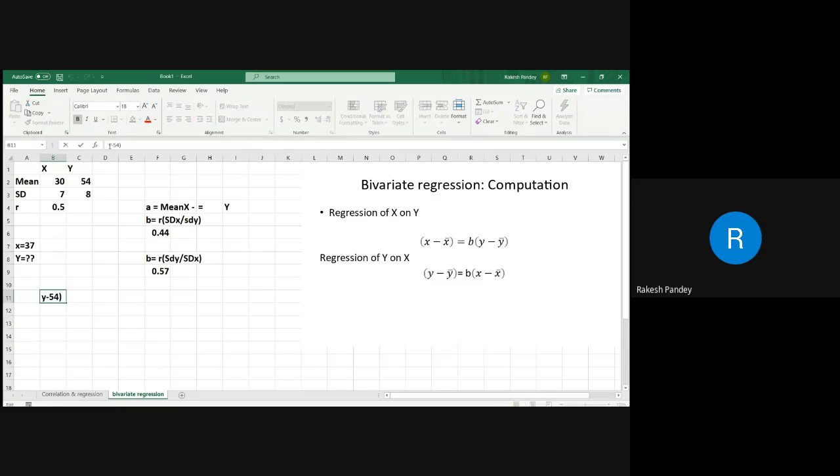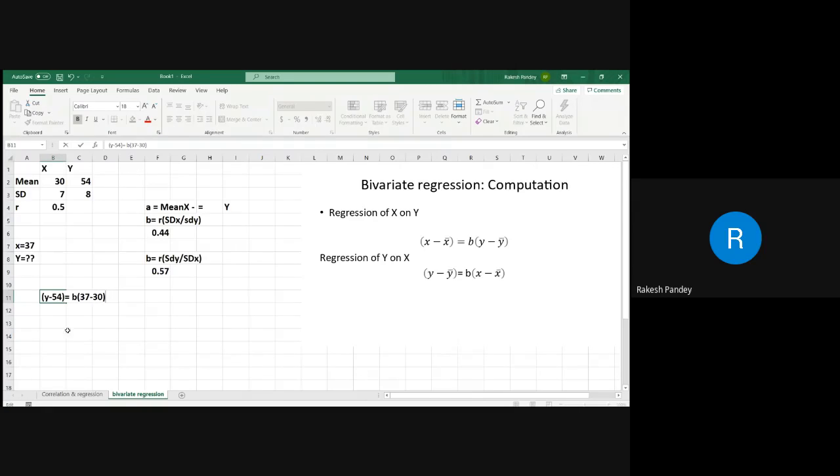This is written, y minus y bar is equal to b into x, and x is given, x is 37. 37 minus x bar is 30. It is given.